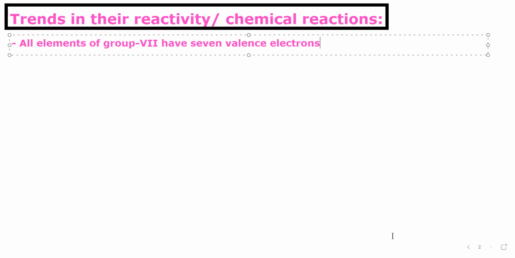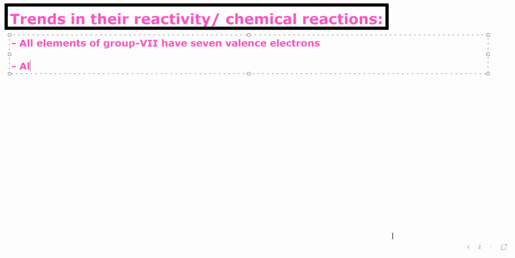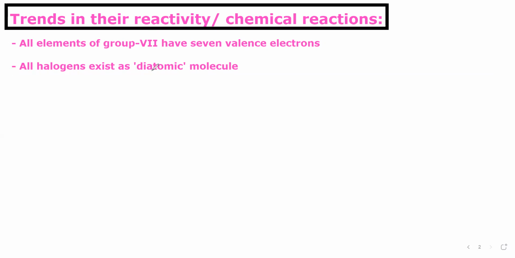Then, what other important point is to be noted down? All halogens exist as diatomic molecules. What does diatomic mean? Di means two, right? So when I say diatomic, I am referring to two.